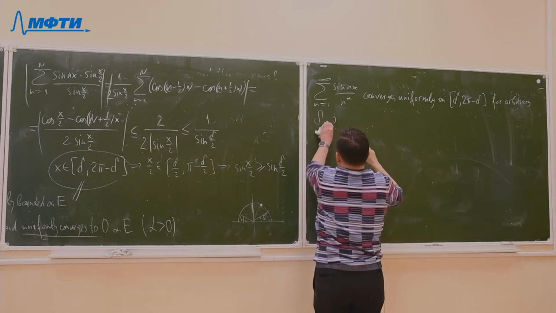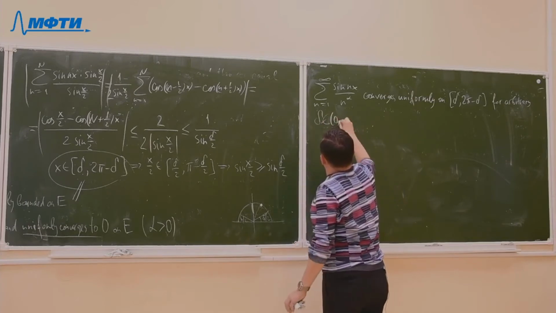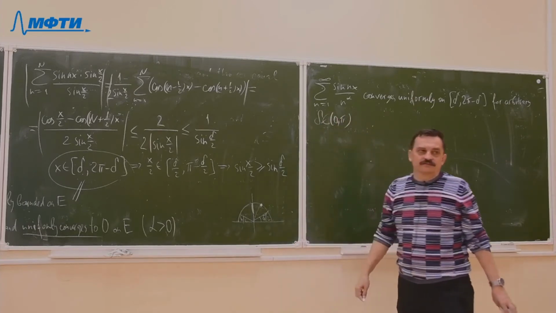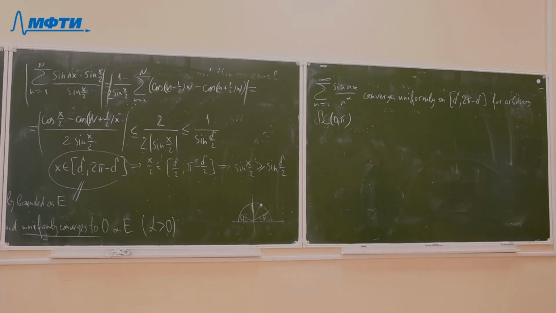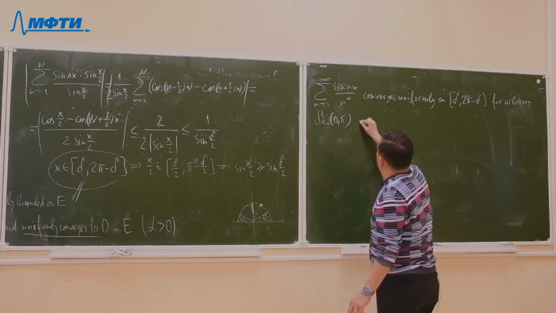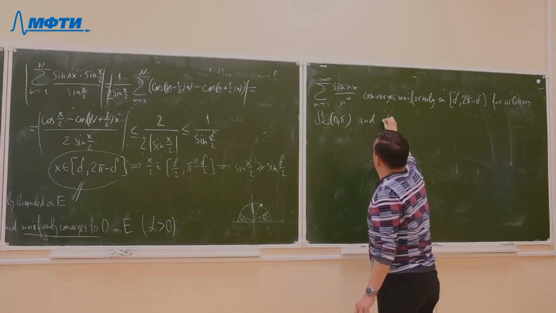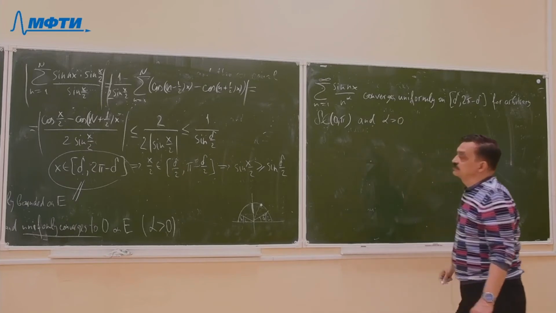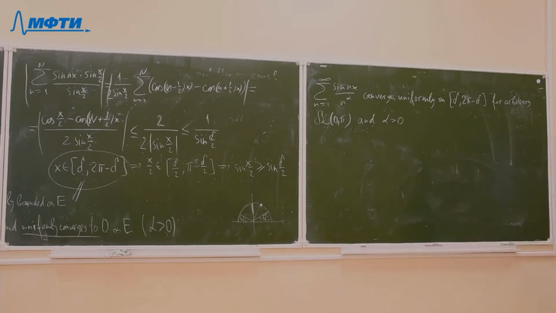Delta lies between 0 and pi; it makes no sense to make delta greater because there is nothing in between. And alpha positive. So that is what we can deduce by using the Dirichlet test: uniform convergence on such an interval.